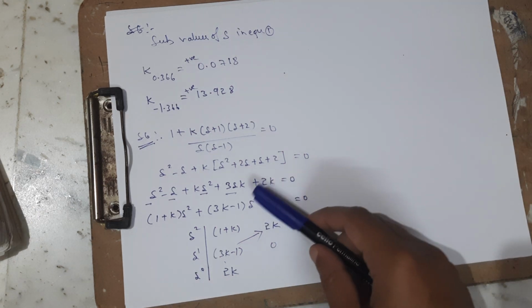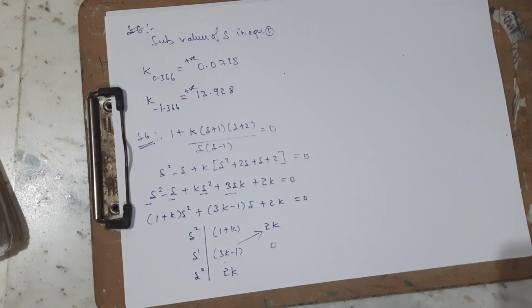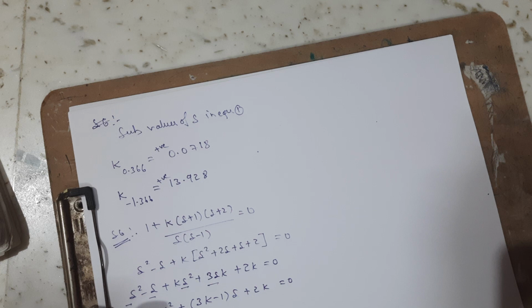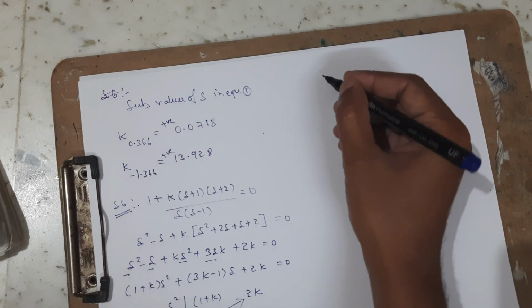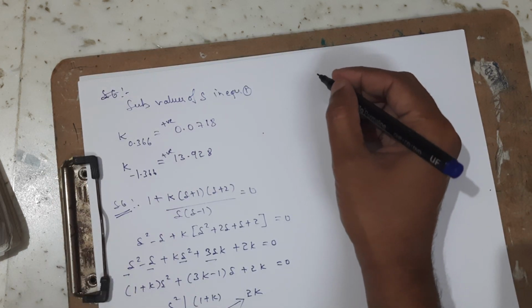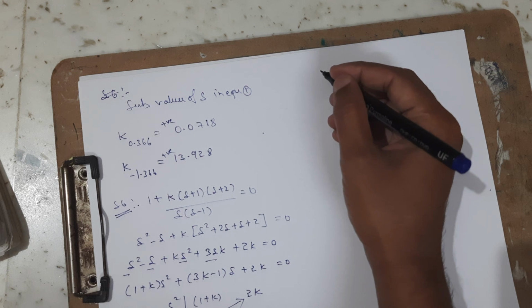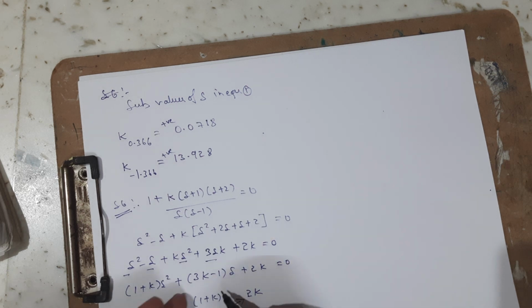After writing the RH method, now the purpose is to find out the intersection of root locus with the imaginary axis. For that we need what? Auxiliary equation. So therefore I am going to find out the value of k. For this row, all the values must be positive.